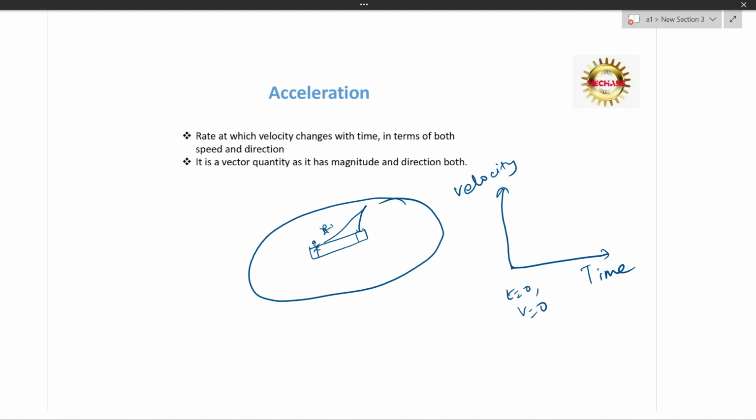After he sees that the batsman hit the ball, he has to increase his velocity in this direction. So his velocity starts increasing. When he reaches this position, he has to reduce his speed. Otherwise, if he travels at the same maximum speed, he would cross the rope.